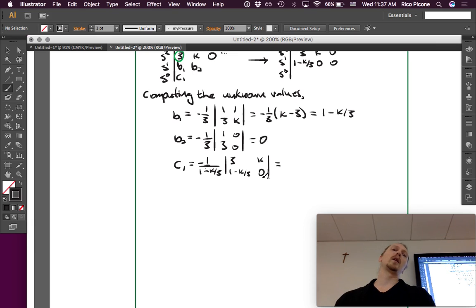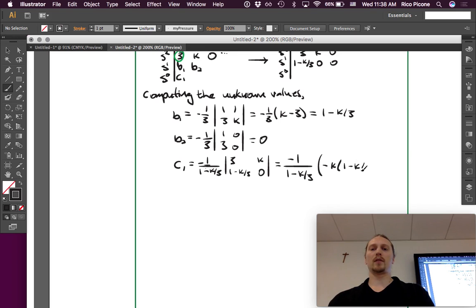3 times 0 is 0 minus, so I'll rewrite negative 1 over 1 minus k over 3. Negative sign's in a funky spot. Times, yeah, so it's negative, and I'm not going to distribute it. I'm actually going to say it's negative k times 1 minus k over 3, right?